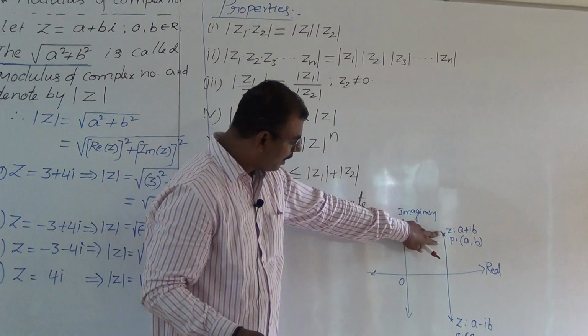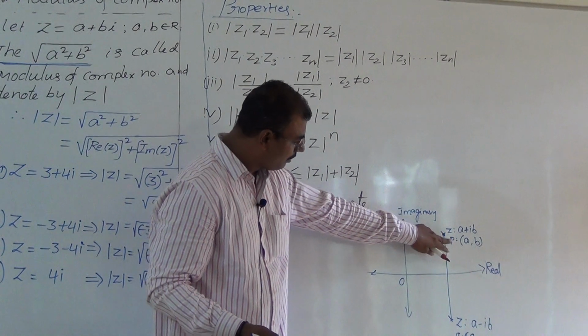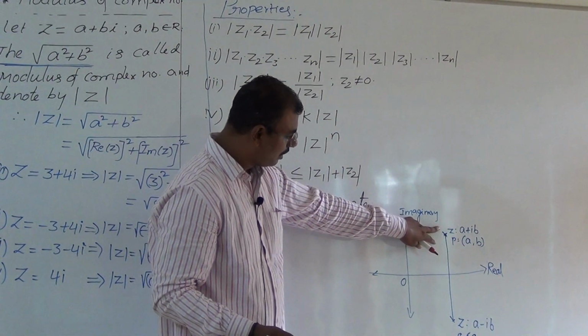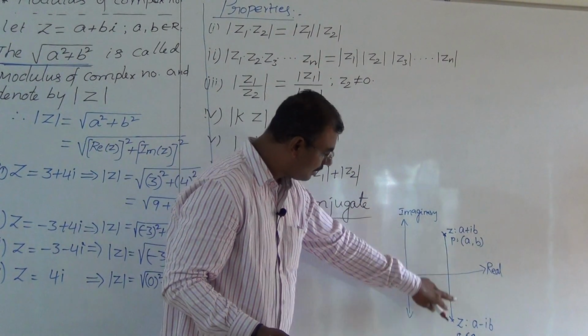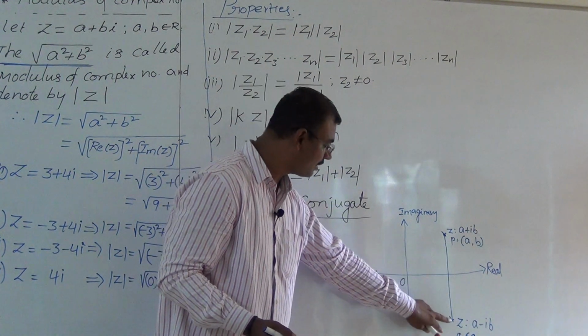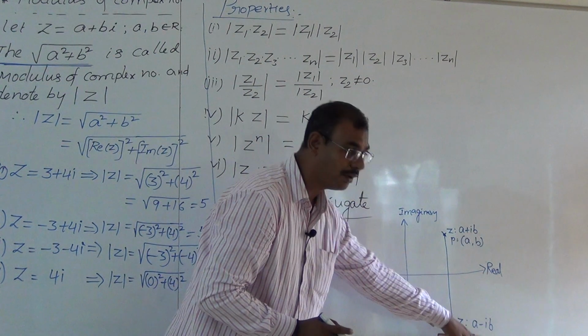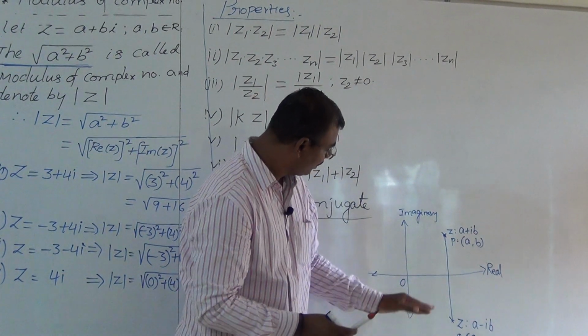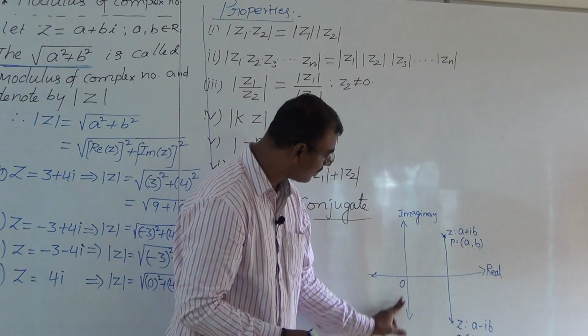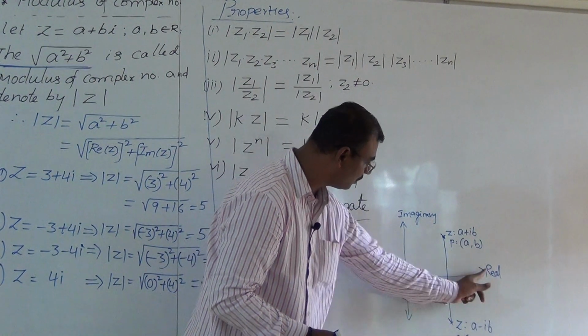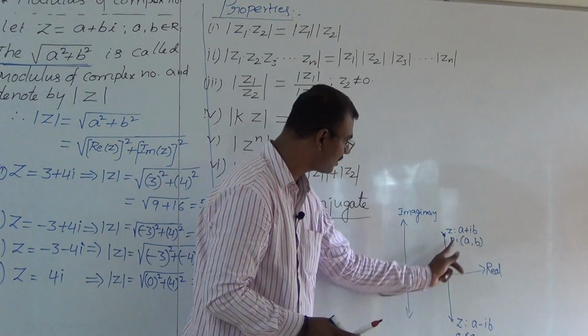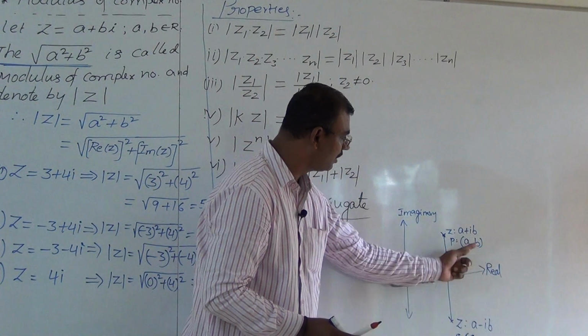So from the point P, by taking its reflection, we get a comma minus b, because this is the negative imaginary axis. A number on the positive real axis stays the same. Which part is reflected?